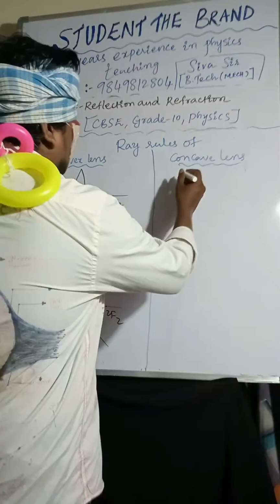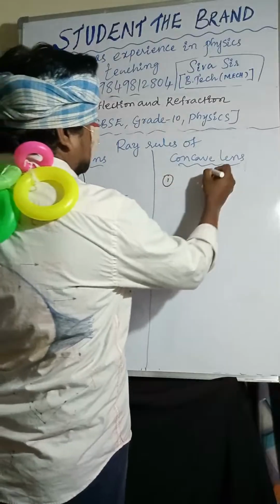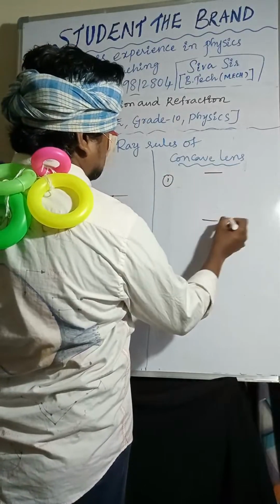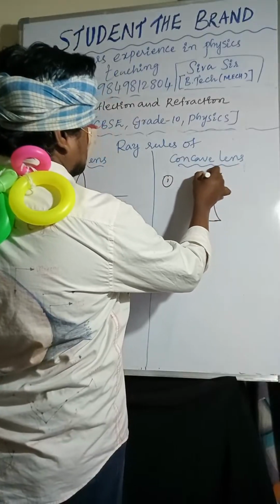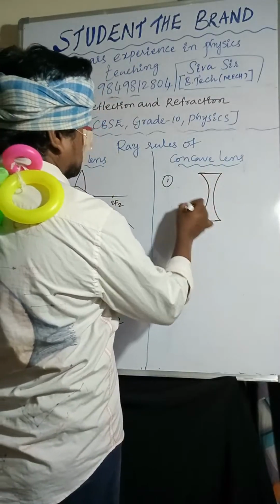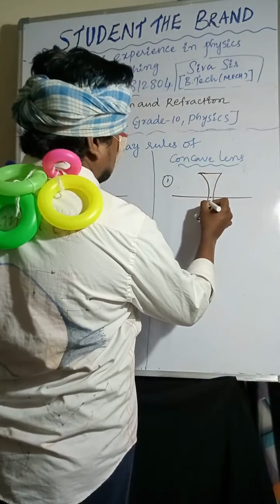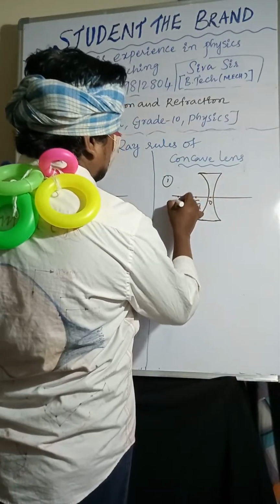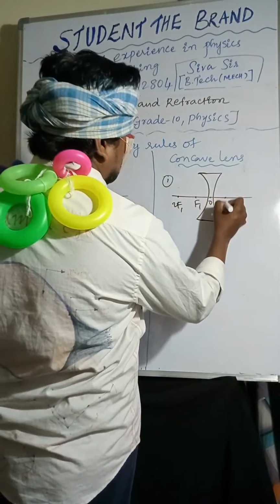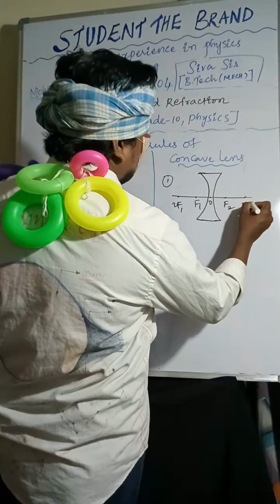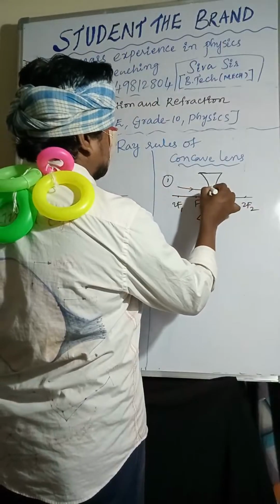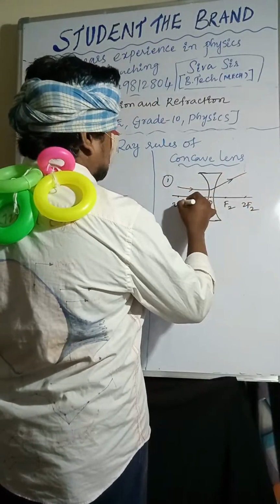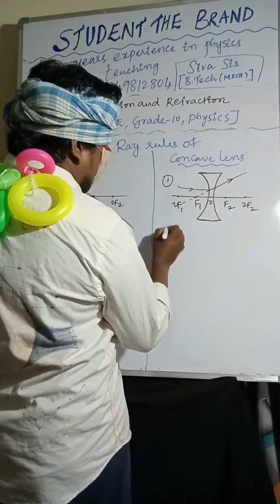So next one, concave lens. Optic center, F1, 2F1, F2, 2F2. So one light ray is parallel to the principal axis. Second one.